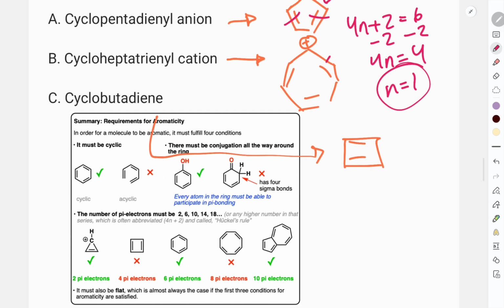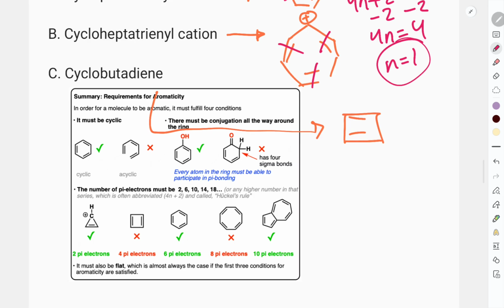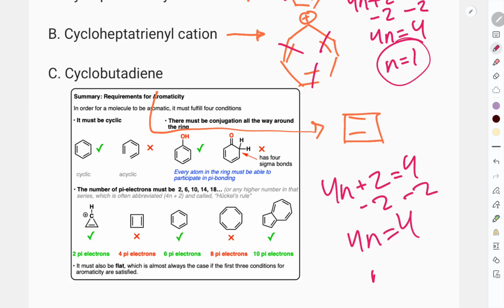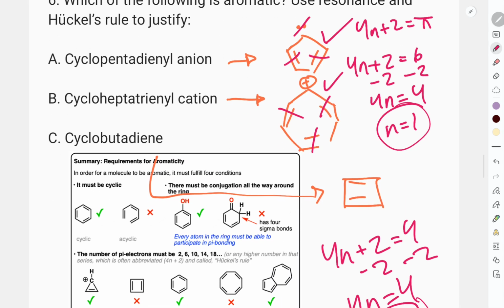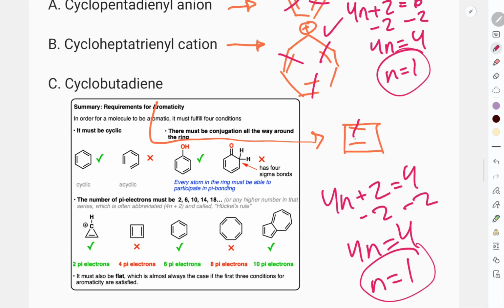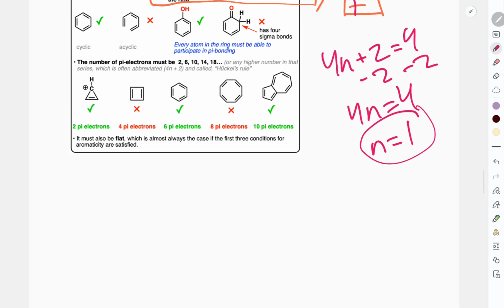Now in B, we also have 3 areas of electron density. That will be 4n plus 2 equals 6, minus 2 on both sides, and 4n will equal 4, and therefore it will be 1 again, and this will be aromatic. Now for C, we have only 2 areas of electron density. So we have 4n plus 2 equals 4.